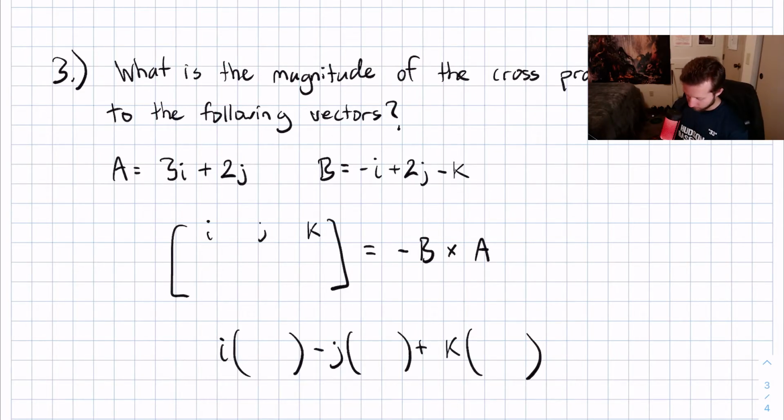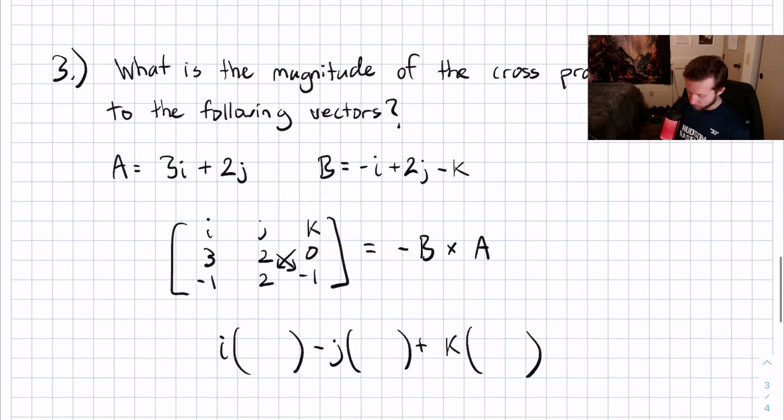For a, the first row is going to be 3i, 2j, no k, so that's 0. B is -1, 2, and -1. For the column that you're solving for, you just want to get rid of that. If you want to solve for the i, you get rid of the i column, and then you cross multiply the other two columns.